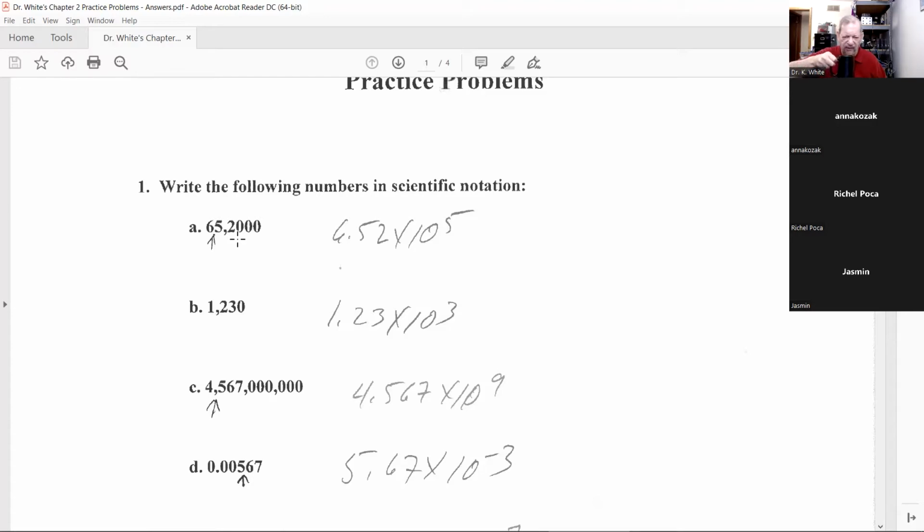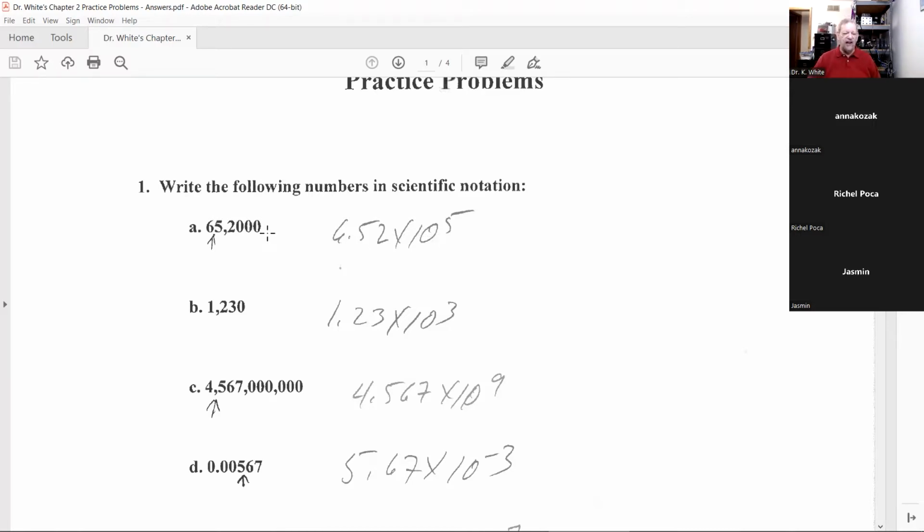You count the number of moves, and that will tell you what 10 to the x is. X is the number of moves. And if we look here, 1, 2, 3, 4, 5. That's why this is 10 to the 5th.